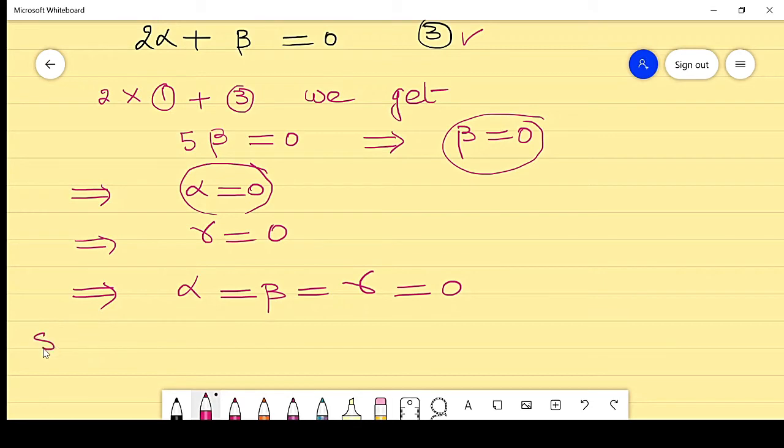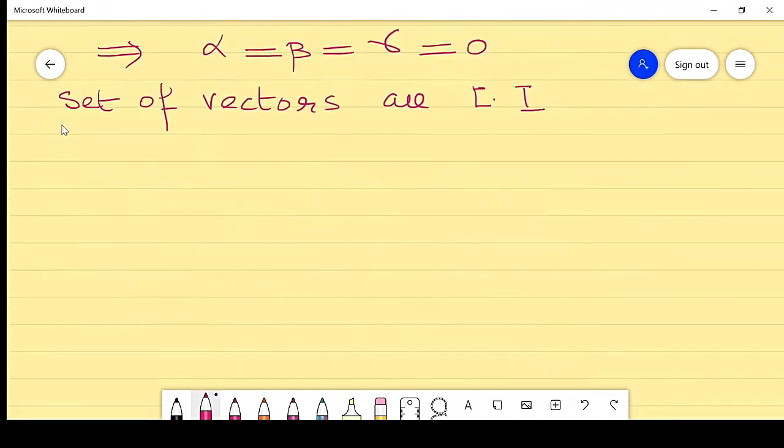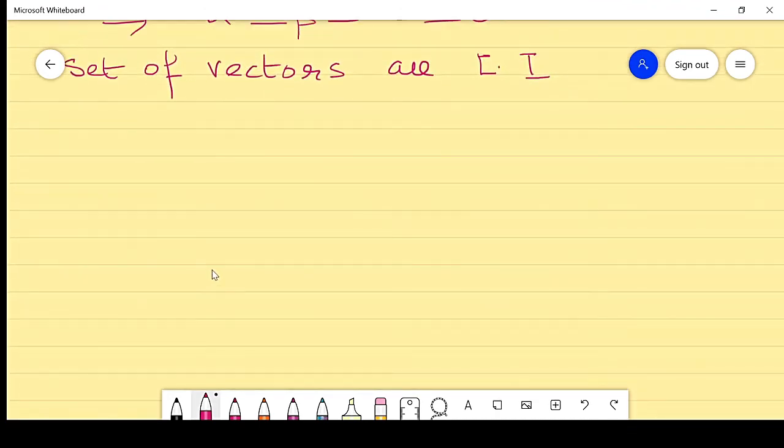So the set of vectors is linear independent. If at least one is non-zero, then it will be linear dependent. Now all of alpha, beta, gamma are equal to 0, so it means these are linear independent.